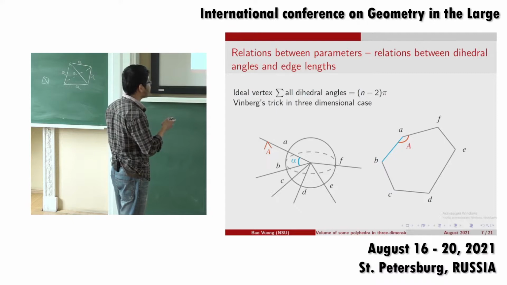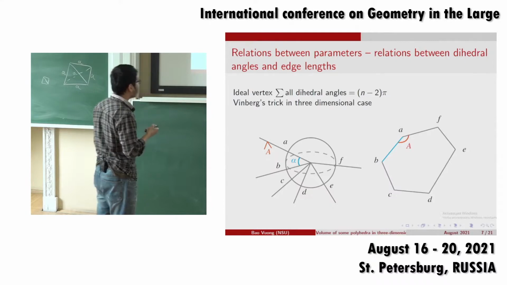And the angles of the polygon will be the dihedral angles of the corresponding polyhedron. And the number of sides of the polygon is the number of faces at the vertex.